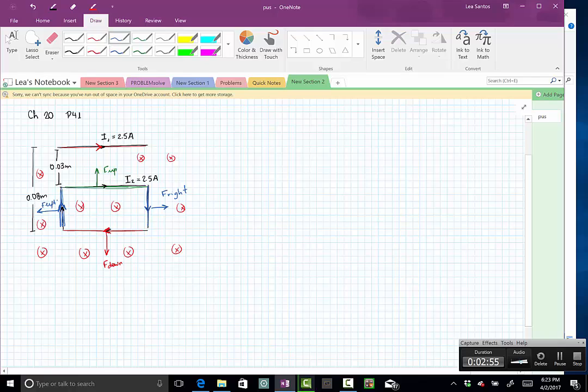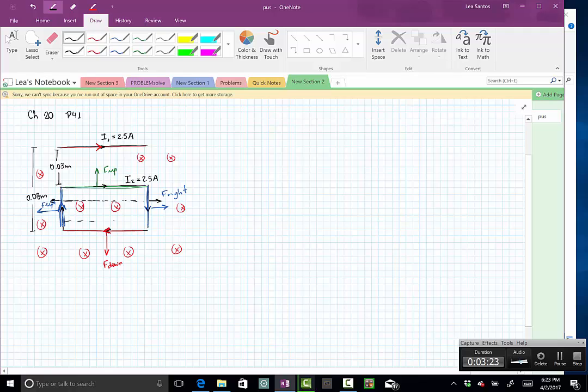Everywhere along this wire, the force to the left and the force to the right are equal in magnitude, so they cancel. Let's pick this direction shown with the dashed line: the force to the right has the same magnitude as the force to the left.